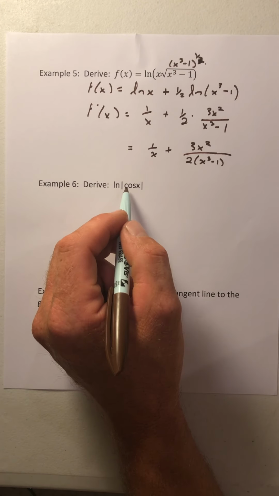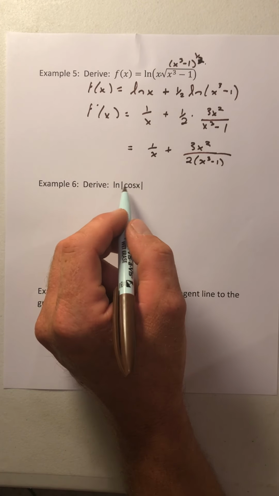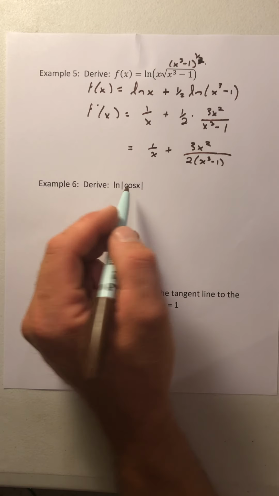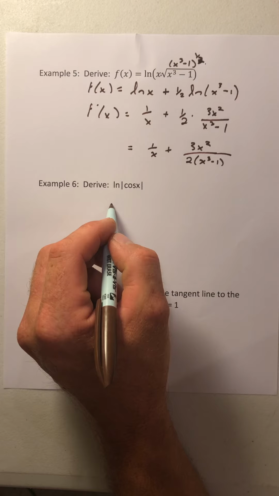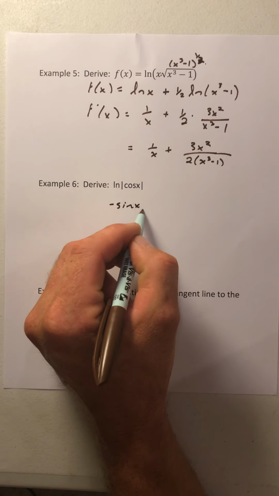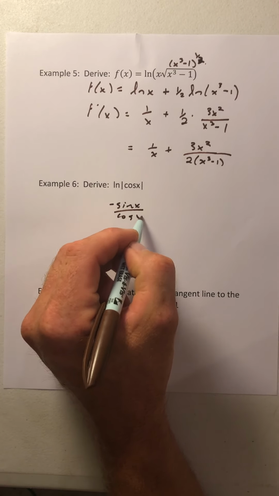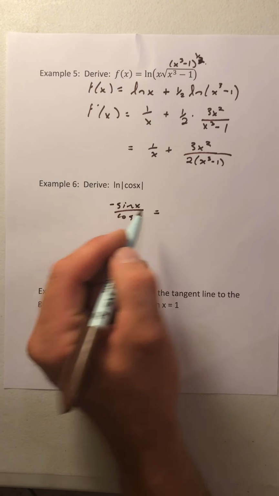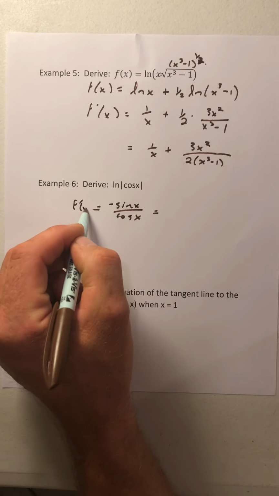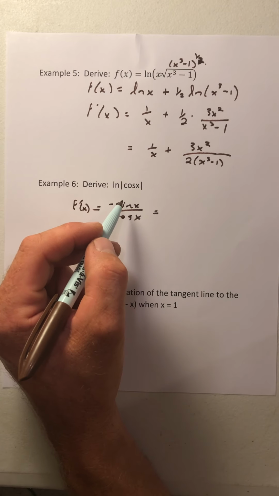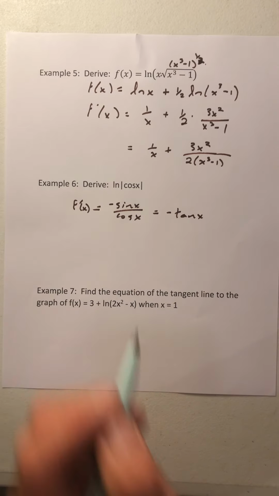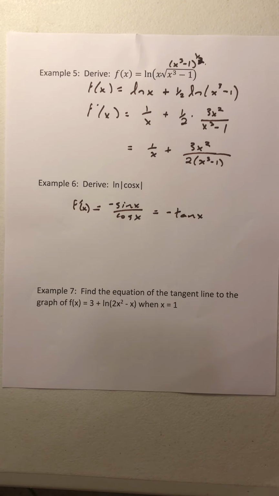Not that it's going to matter a whole lot as we get into our answer, because we know the derivative of the natural log of cosine of x is the derivative of cosine of x, which is negative sine of x, divided by the original function, cosine of x. And then we can go ahead and clean that up. The sine of x over the cosine of x, well, that's just the tangent of x, isn't it? So we get the negative tangent of x as our derivative.